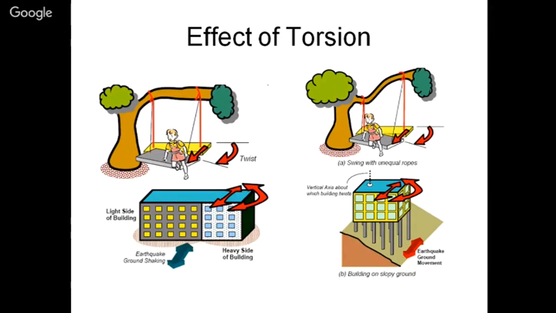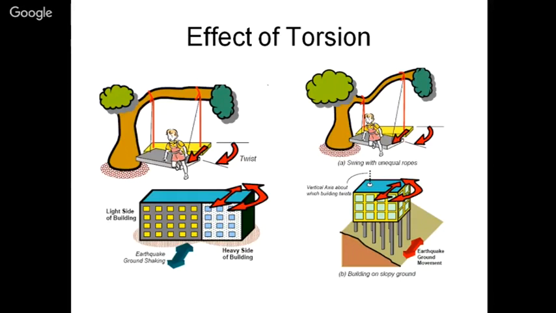By this figure, we are showing the effect of torsion. Keeping mass and stiffness balanced, we are required to keep the mass of a building very well distributed, and stiffness as well, because both are equally important. If you increase the size of the columns on one side of a building that is very long, then mass as well as stiffness increases on one side of the building, and it is going to have torsion due to the motion.